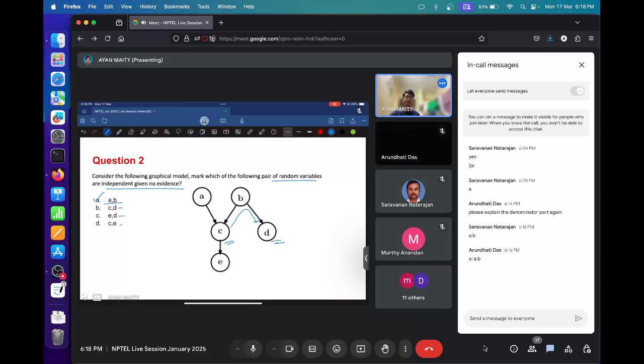So there is an uninterrupted path from C to D. If there is at least one path from C to D, then C and D are not independent of each other. So to become independent of each other, there should be no path between the two nodes. But here we have one path from C to D. Similarly, for E and D, C and D, we can find out at least one path that exists between those two nodes. But for A and B, there exists no path.